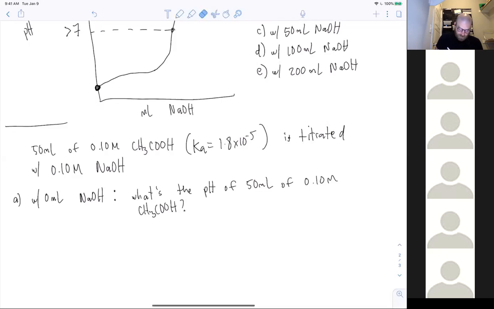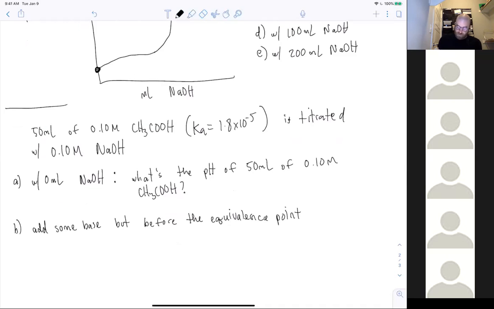When you start adding in base, before the equivalence point, these end up just being buffer problems.